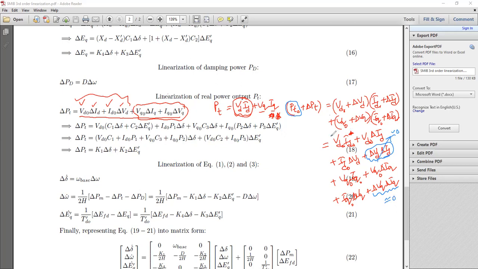About this one, VDID plus VQIQ, this is nothing but PT0 at the operating point. Okay, so if you cancel it, you see ultimately what is left, what is written over here. Del PT equals VD0 del ID plus ID0 del VD plus VQ0 del IQ plus IQ0 del VQ. Okay, this is one way to explain this.